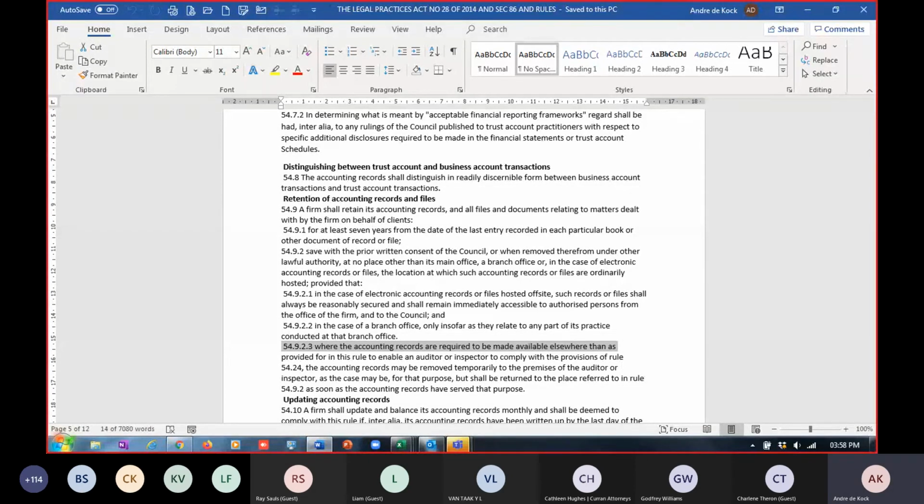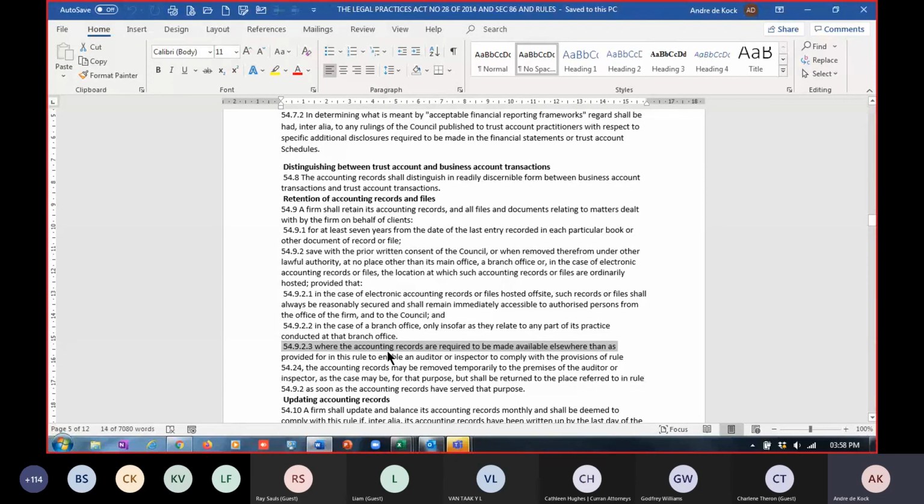I cannot keep the books of the main office at the branch. At the branch, I can only keep the books that relate to the branch. The main office can keep both sets, but the branch office can only keep its books. So the main office can have its own set of books, the branch can have its own set of books, but both could be kept at the main office.